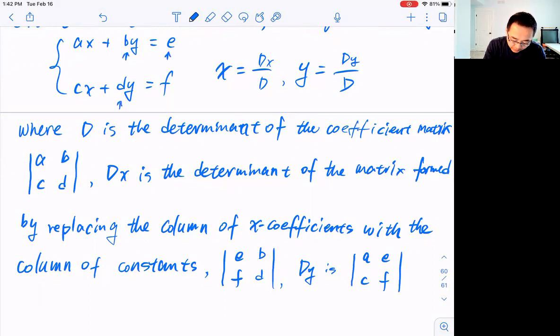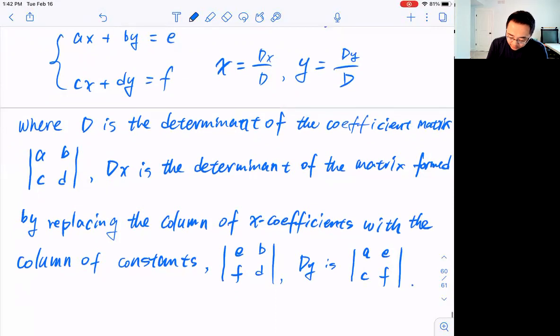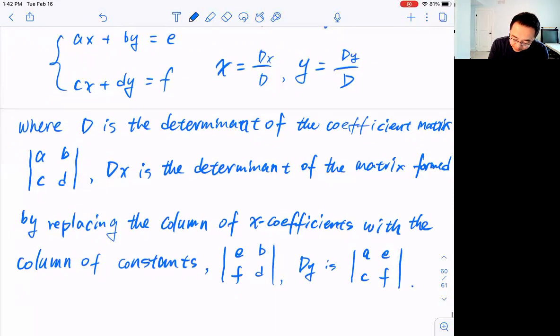Okay, so that's how you get the determinant of that matrix. And then if you do dx divided by d, that will give you the value of x. If you do dy divided by d, that will give you the value of y. That's Cramer's rule in the simplest case of two equations and two variables.